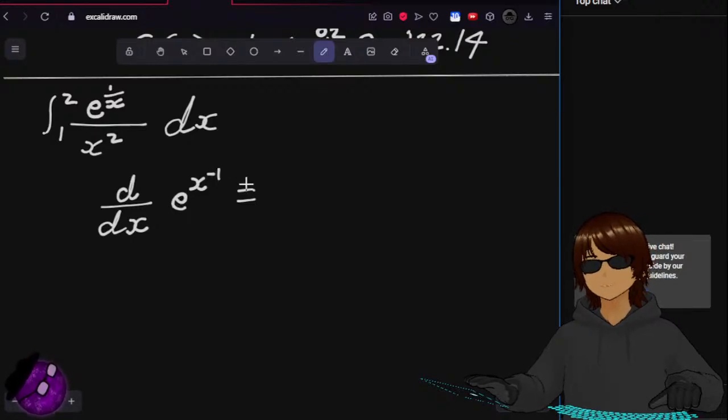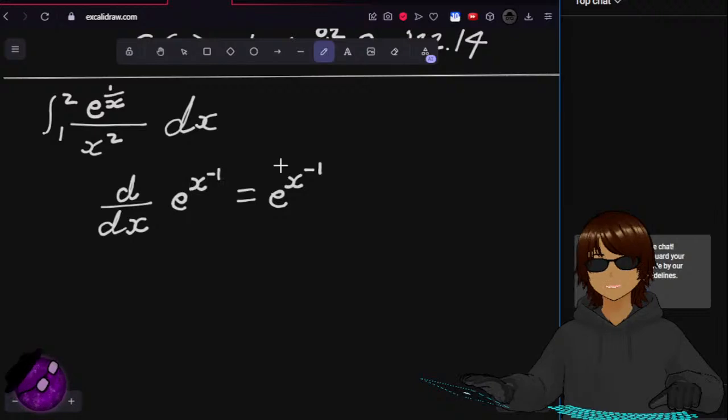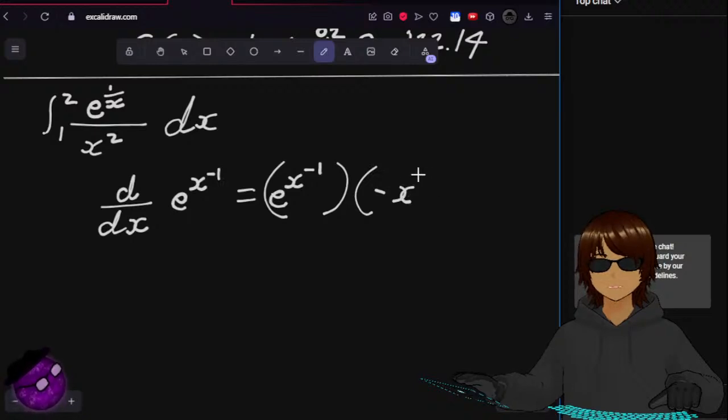So with respect to x to the power of minus 1, the derivative of e doesn't change. And then the derivative of x to the power of minus 1 with respect to x is this.